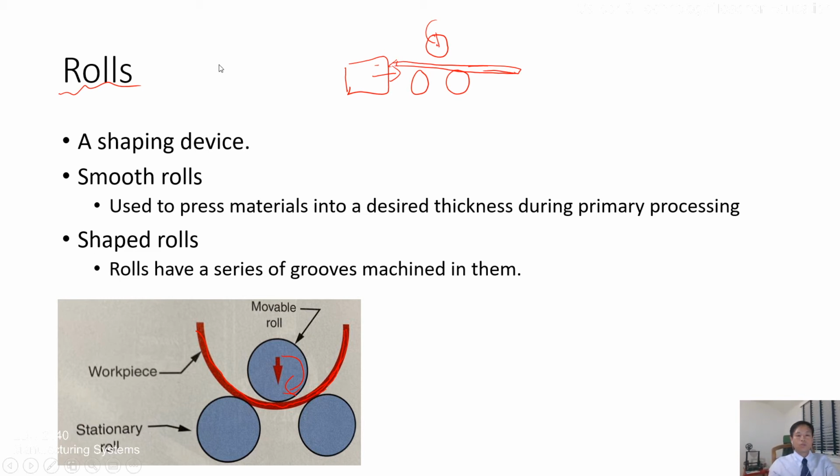There are two types of rolls: smooth rolls and shaped rolls. As you can see from the name, smooth rolls just make a desired thickness during the primary process, and shaped rolls have a certain pattern or grooves, so that creates a certain pattern on the metal sheet.